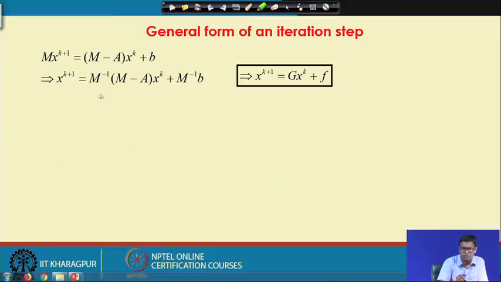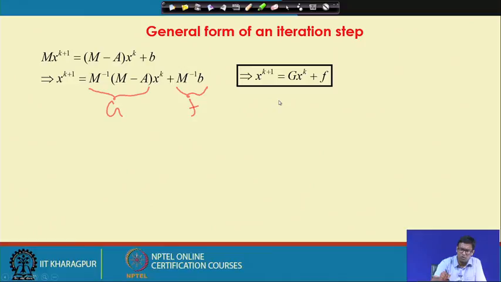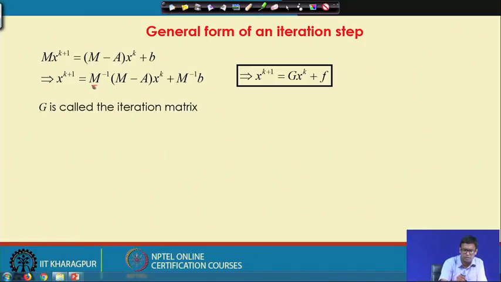So, this is G and this is f, and this G is called the iteration matrix.